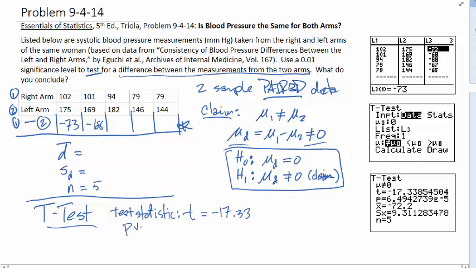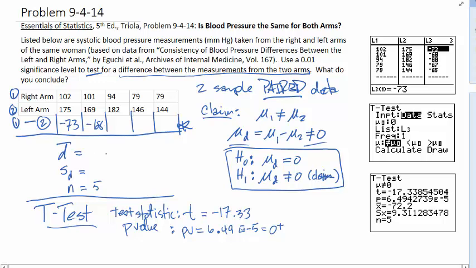Our PV, which is our p-value, is 6.49, but this is e to the negative 5, so that takes that decimal point 5 places to the left, and so this is essentially a not exactly 0, but a number that's close to 0, so we can denote that with 0 plus, or we can put 0.00. Okay, we'll leave it at that.